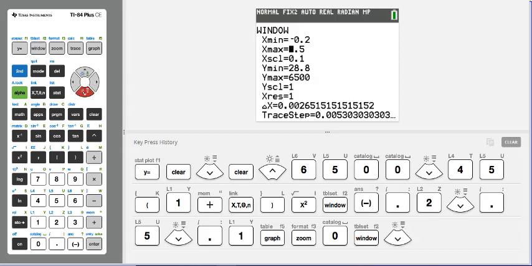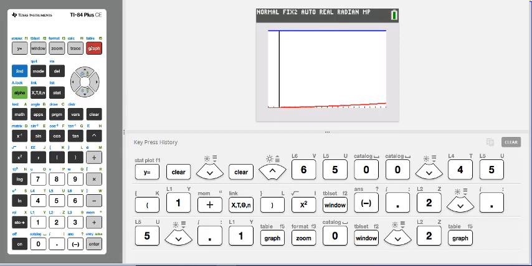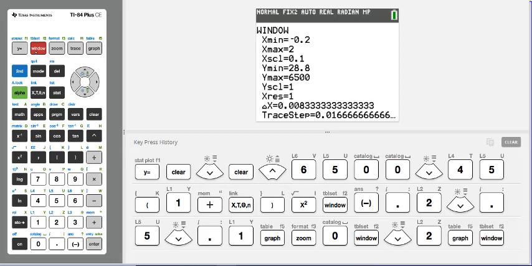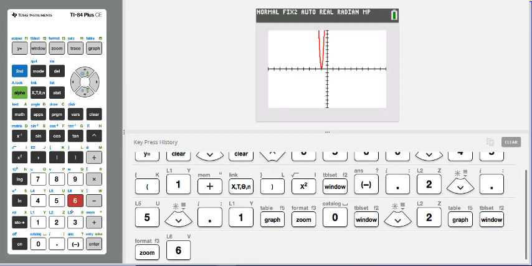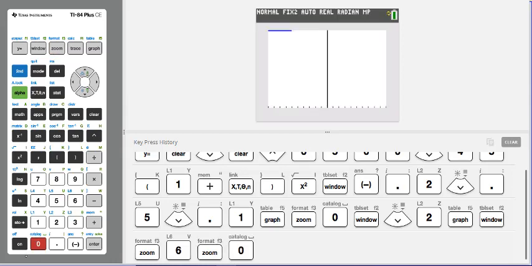So let's just put 2, graph. And it's still not. Well, here, let me just hit zoom 6. And then zoom 0. All right, so we know it's out past 10.